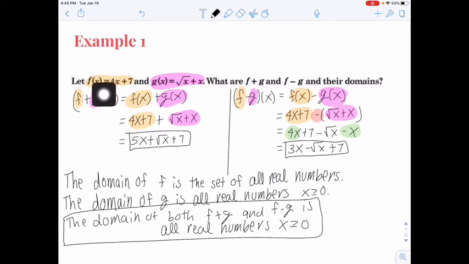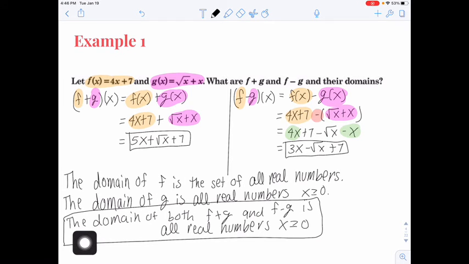Now we need to consider the domain of both f of x and g of x in order to find the domains of f plus g of x and f minus g of x. The domain of f of x is just all real numbers. We can plug anything we want into f of x. However, the domain of g of x is all real numbers such that x is greater than or equal to 0. We cannot plug a negative number into the square root.